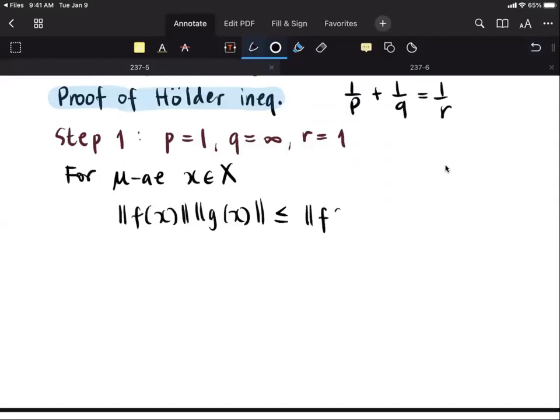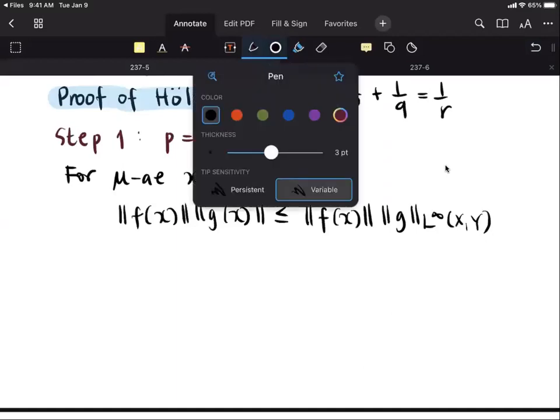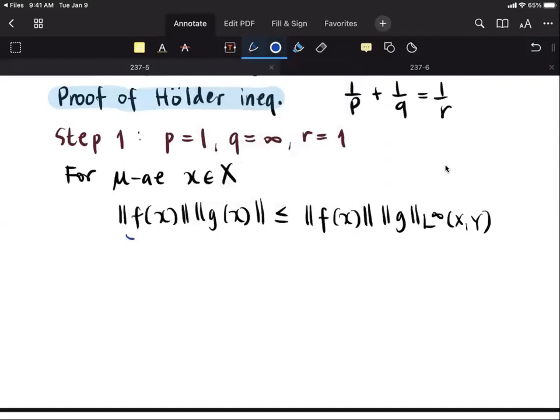let's say, the norm of f of x times the sup, or the L infinity norm, of g. So the essential sup is greater than or equal to any value almost everywhere. You can also justify that this is measurable, since f is measurable.